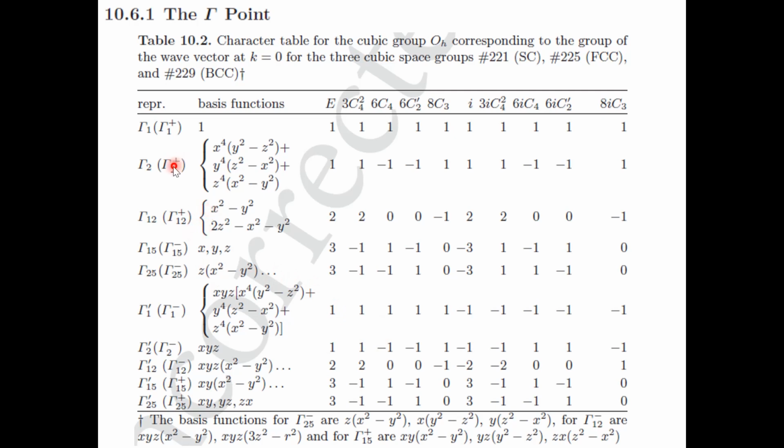Okay, so sorry, some of them are even here too. There are two different notations. Sometimes you call it gamma 1 or gamma 1 plus. When you want to be explicit about the representation being even or odd, you use these plus or minus signs: plus for even, minus for odd representations.